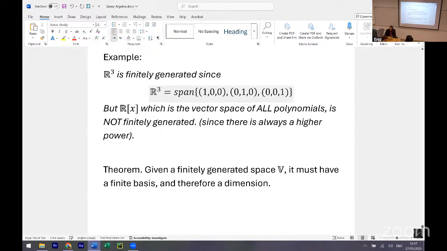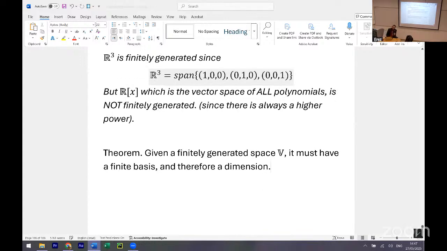Every finitely generated space must have a basis. The question is, we define a basis as a set that you can create everything from, and it's also independent. And the natural question is, should there always be such a set?